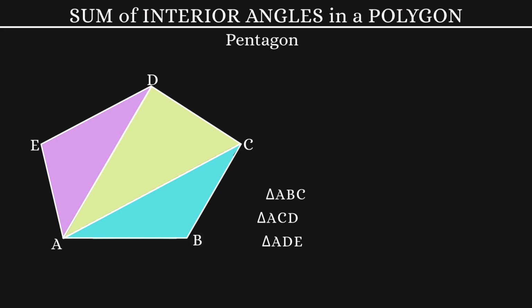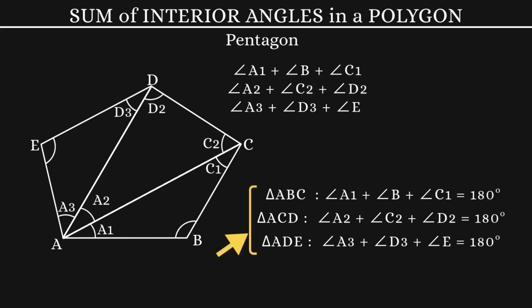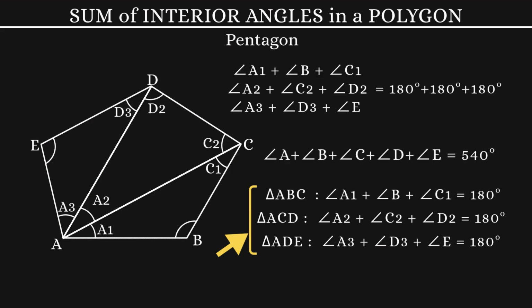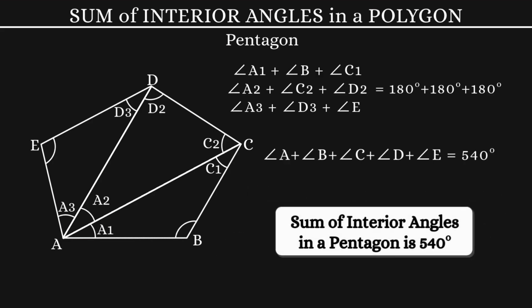In each of these three triangles, the interior angles add up to 180 degrees. And if you find the sum of these three equations, we can prove that the interior angles of a pentagon will add up to 540 degrees.